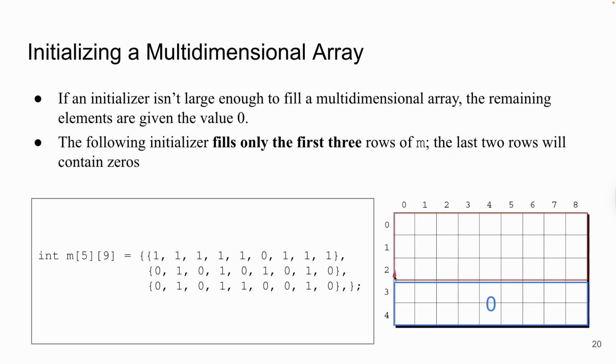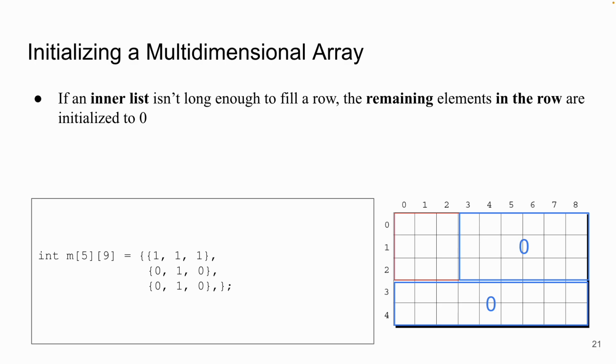Here I use the red rectangle to highlight the elements that will be initialized, and I use the blue rectangle to highlight the row that will have the default value 0. So you can see in this case, these elements will have the initialized values we provided here, but the remaining row will have the default value 0.